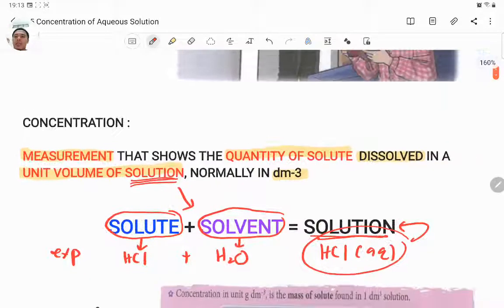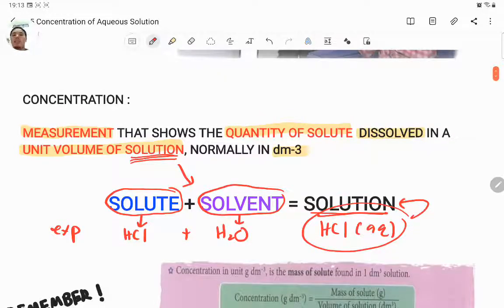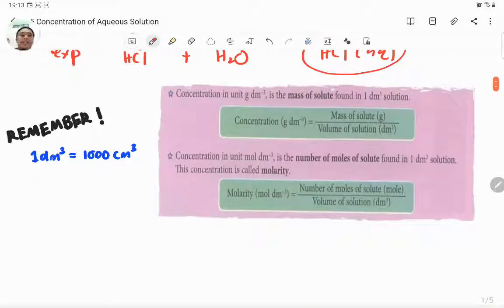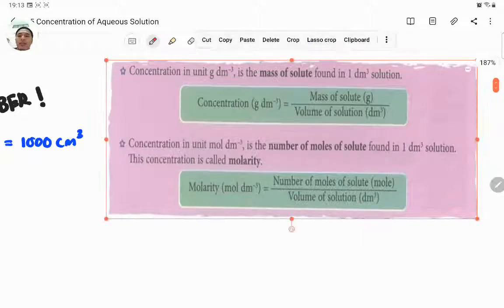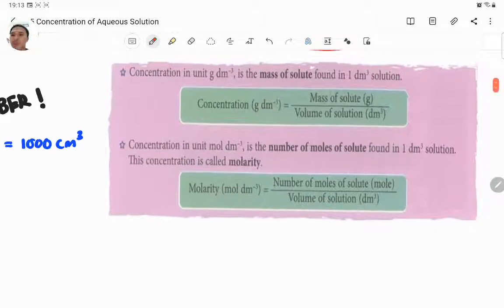Right, so now in this chapter, in this subtopic, we want to calculate the quantity of solute in 1 dm cube of solution, its volume. Okay, so let's see the formula and also the definition for each type of concentration.